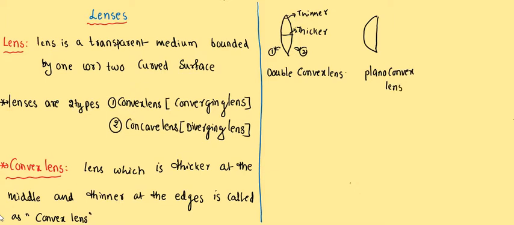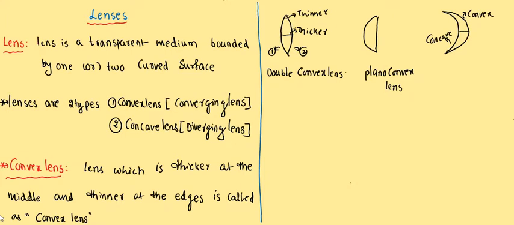For example, like this. You see here, this is also thicker at the middle and thinner at the edges. This shape is called the concave shape, and this is the convex shape.